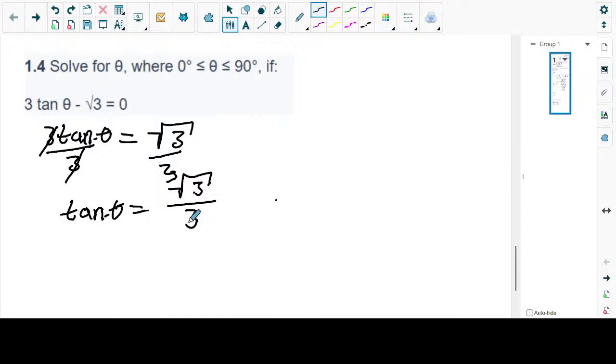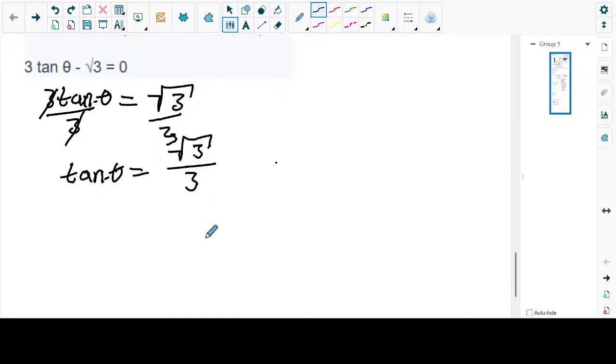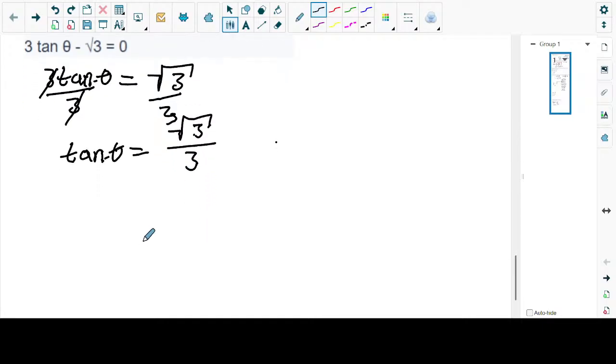Now from here onwards, we're not looking for tan, we're looking for theta. How do you look for theta?